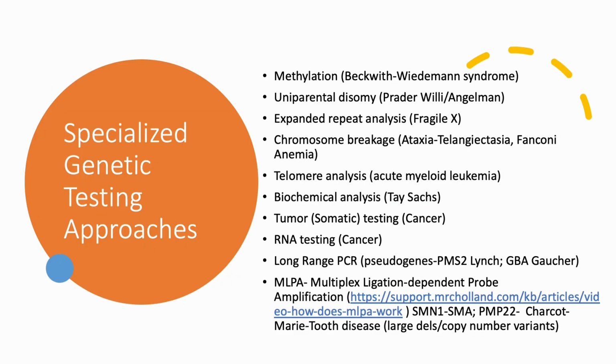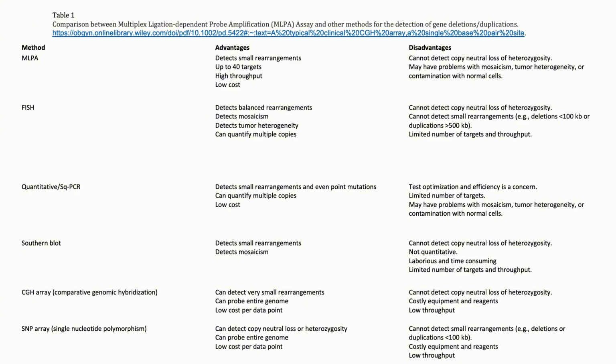We will also be covering some more specialized genetic testing approaches, including methylation studies, uniparental disomy testing, expanded repeat analysis, chromosome breakage analysis, telomere analysis, biochemical analysis, tumor or somatic testing, RNA testing, long-range PCR testing, and multiplex ligation-dependent probe amplification. This chart here is going to summarize the advantages and disadvantages of each kind of testing, and we'll go further into that a little bit later.